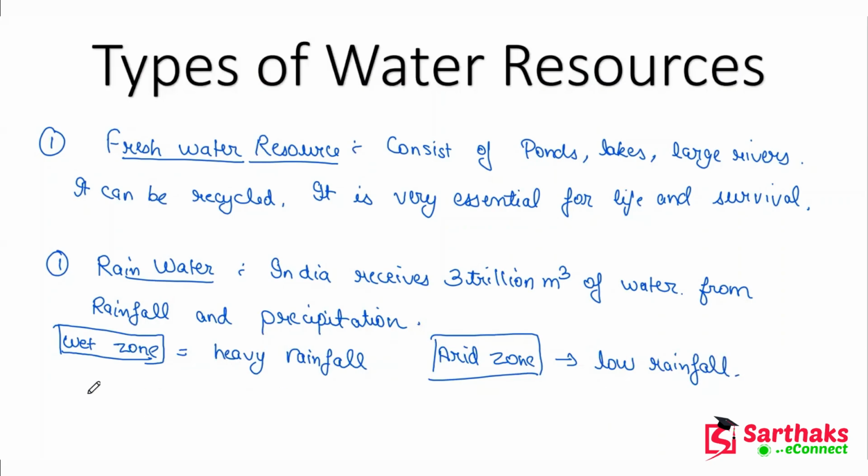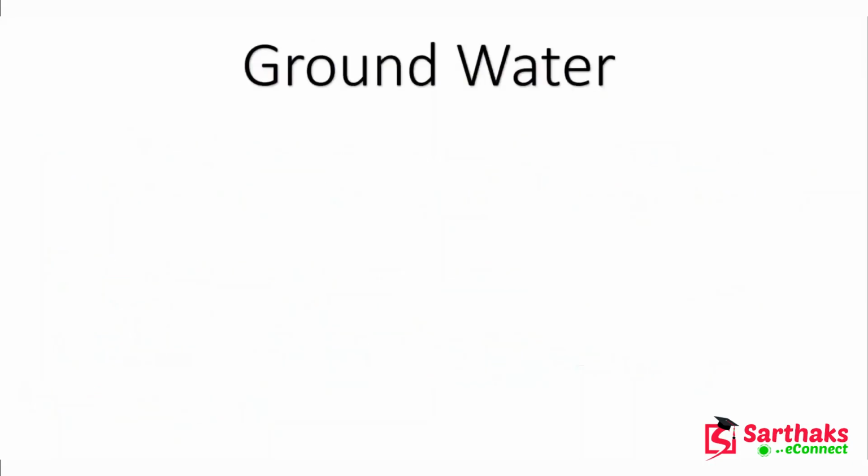Now, the next source from which we receive fresh water is surface water. There are major river systems, and the next source is groundwater.